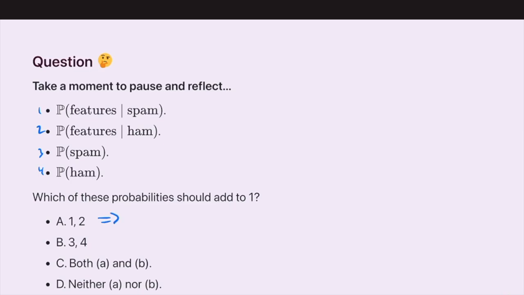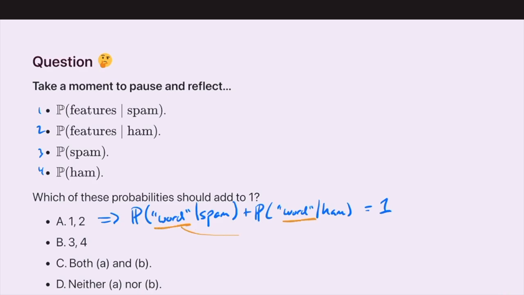This is equivalent to saying the probability of, we'll just call it, arbitrary word given spam plus the probability of arbitrary word given ham equals 1. And remember that this and this are the same word.